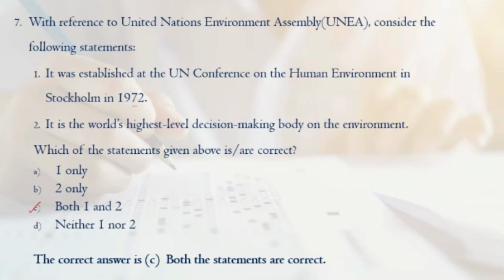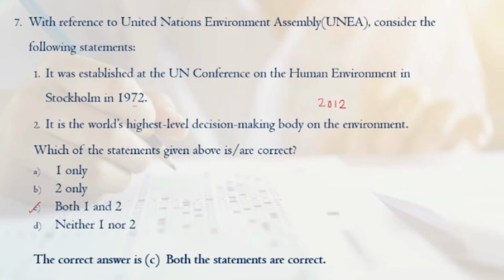The establishment of the Environment Assembly was initiated at the UN Conference on the Human Environment in Stockholm in 1972 and aimed at creating a coherent system of international environmental governance. UNEA was created in June 2012 when world leaders called for the UN environment to be strengthened and upgraded during the United Nations Conference on Sustainable Development.